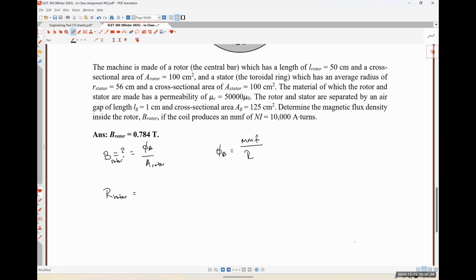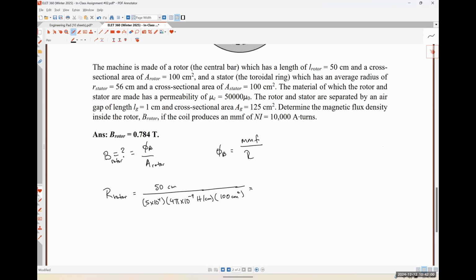What's the length of our rotor? 50 centimeters, absolutely right. What is the permeability? 50,000 mu naught. So that's 5 times 10 to the 4, that's 50,000, times 4 pi times 10 to the minus 9 henries per centimeter. What's our area? 100 centimeters squared.